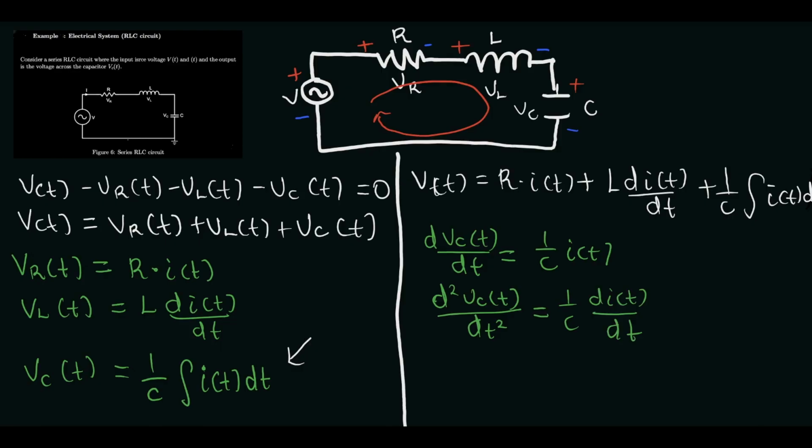That will give us i(t) equals C multiplied by the differential of VC(t) over dt. And over here, we can make di/dt the subject of the formula. So your di/dt will be equal to C multiplied by d squared VC(t) over dt squared.